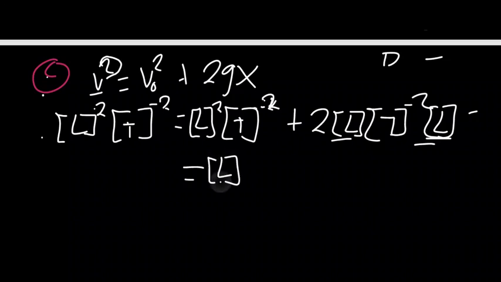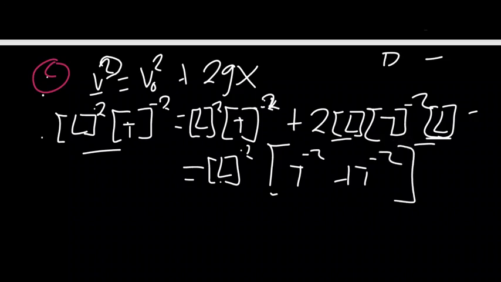So let's try to factorize L squared. I want to express this as a single term, because I want this to be equal to that. So this will be T to the power negative 2 plus T to the power negative 2. So I've removed the constant because the dimension is what matters.